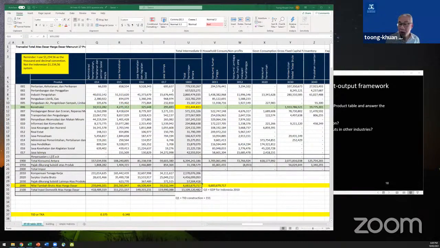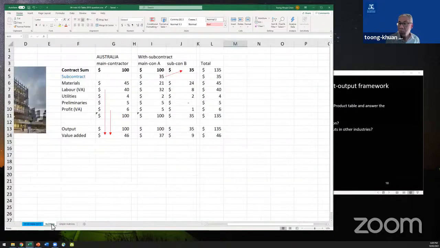It goes back to my example over here, whether the companies report output or report value add. They have to report value add, this one, not output, because if you calculate output, then it's wrong. Especially with subcontract, right? Contractor A will say my contract is 100 million.